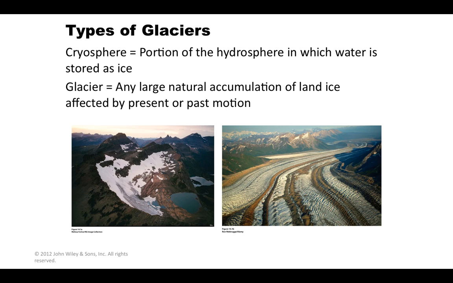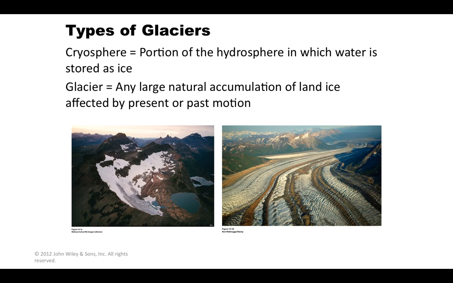Okay, so our cryosphere. When we talk about the cryosphere, we're talking about the portion of the hydrosphere, and remember, the hydrosphere is the water sphere, in which water is stored as ice. So if you remember, we talked about how the Earth is covered in 70% water, but most of that water is, say it in your head, ocean water, seawater, right?